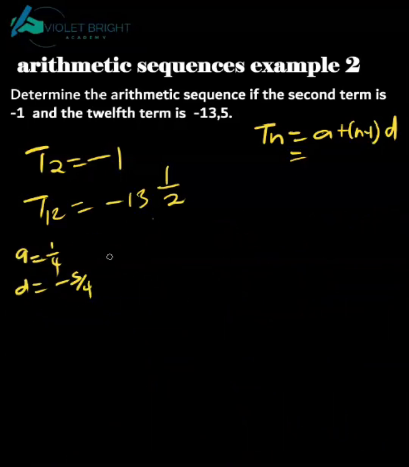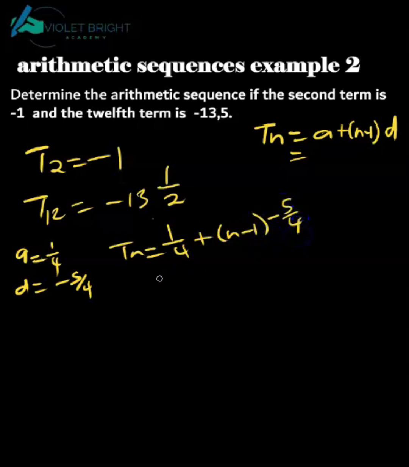So it's Tn equals a plus (n minus 1) times d, where d is negative 5 over 4. Then it's 1 over 4 plus negative 5 over 4n.